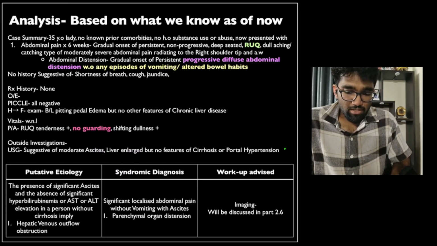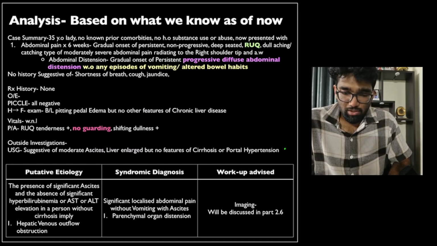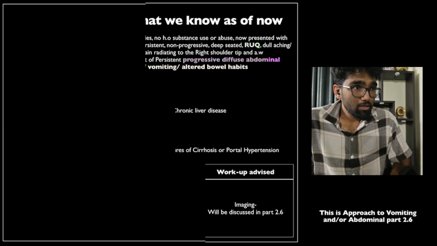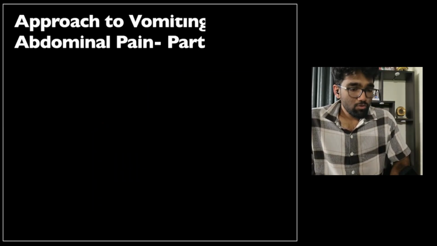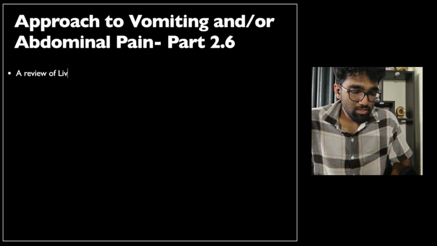So if that doesn't make sense to you, go back to part 2.4, and that's been discussed in great detail there. So that is approach to vomiting and or abdominal pain, part 2.4. Okay, 2.4, not 2.6. So that brings us to part 2.6, that is this discussion.